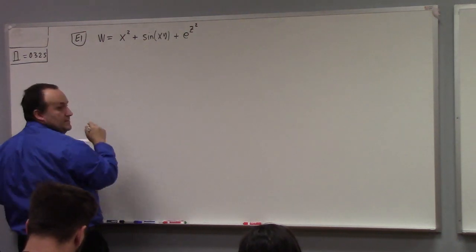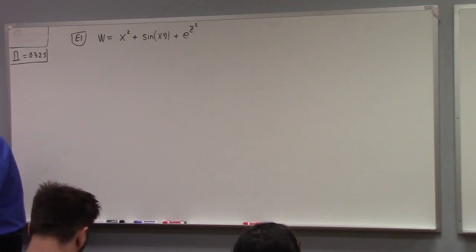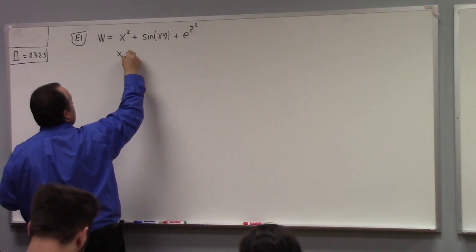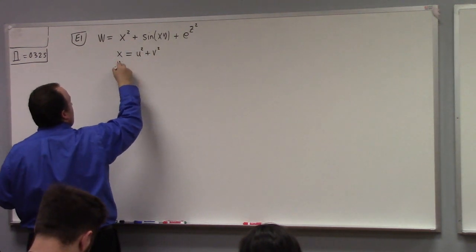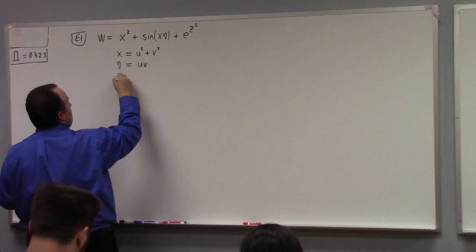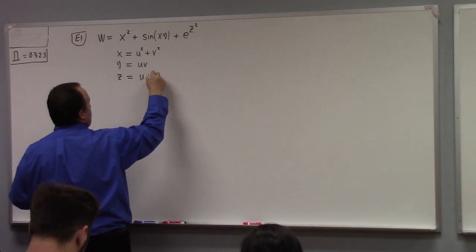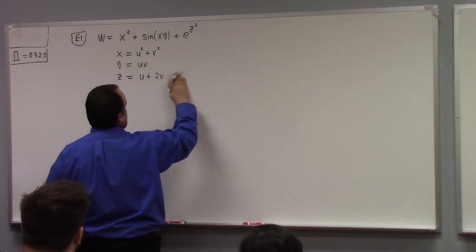And we're also given that x is equal to, say, u squared plus v squared, and y is equal to uv, and z is equal to u plus 2v plus 3.